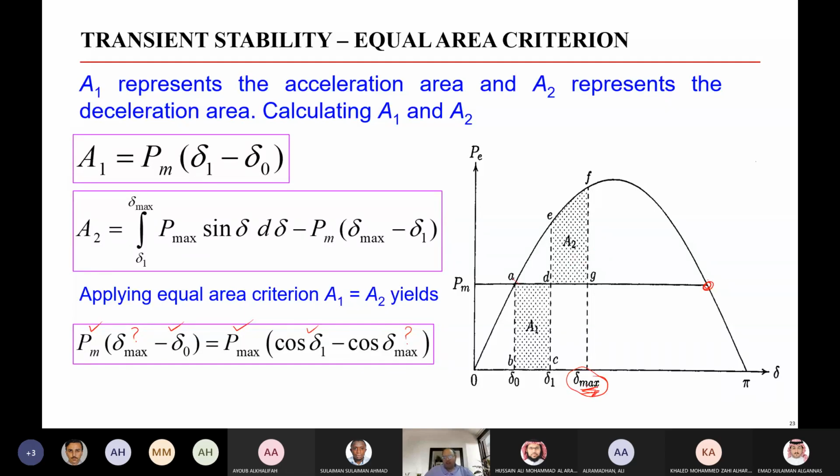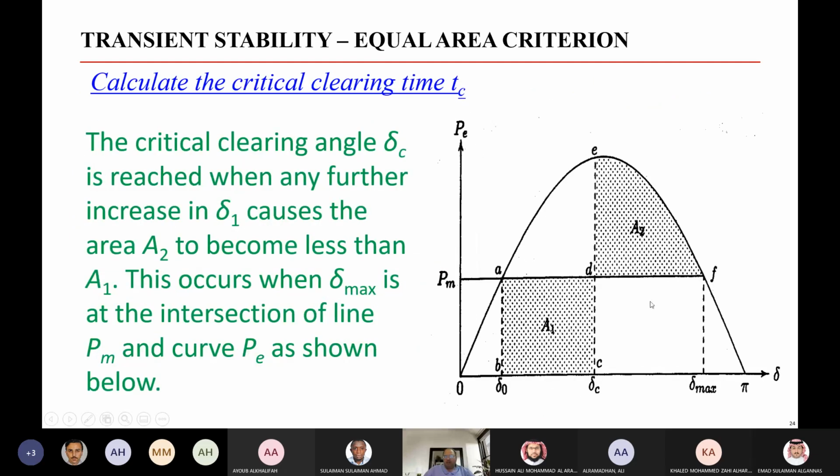If the fault is sustained for more than the time corresponding to this clearing angle here, then the system will be unstable. So to get the critical clearing time, we take the whole deceleration area that we have, and at this point, this is the critical clearing angle, which corresponds to the critical clearing time.